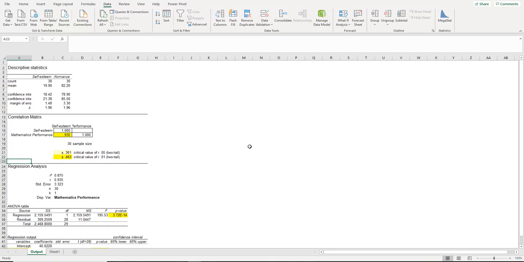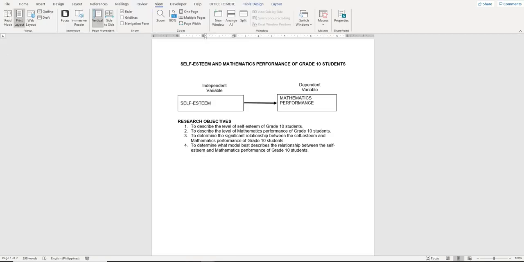Remember our research objective number 1, to describe the level of self-esteem in grade 10 students, meaning we're going to get the mean of the self-esteem, and then compare the mean to our parameters in the self-esteem.